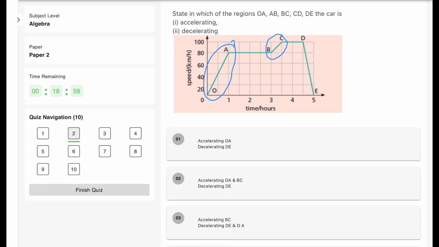AB is not moving, it's a constant speed. CD is also constant speed. Between OA and BC, OA seems to be a steeper line, so that is the most accelerating part, but we need to consider both accelerating parts, OA and BC. And you can see that the negative slope, DE, is where it is decelerating. So therefore, it is option number 2.